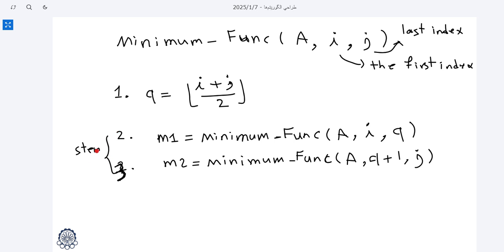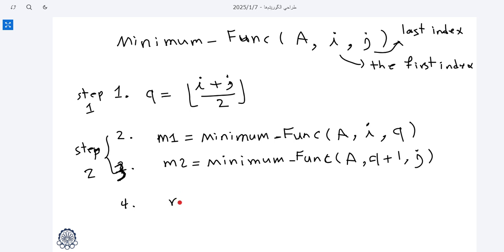Lines 2 and 3 are step 2. Line 1 is step 1 of the approach. Then in line 4, we combine the solutions of the first part and the second part and find the solution of the original problem.